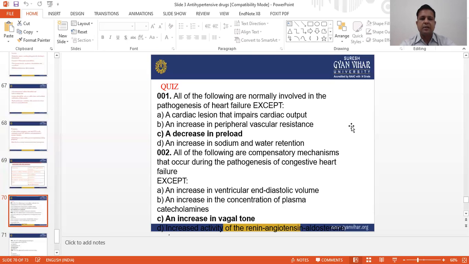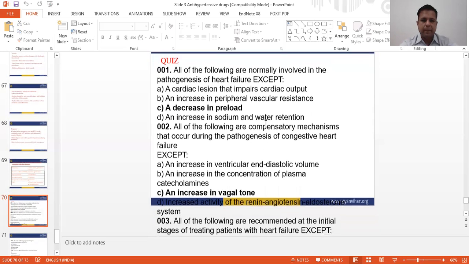The correct answer is C, an increase in vagal tone.